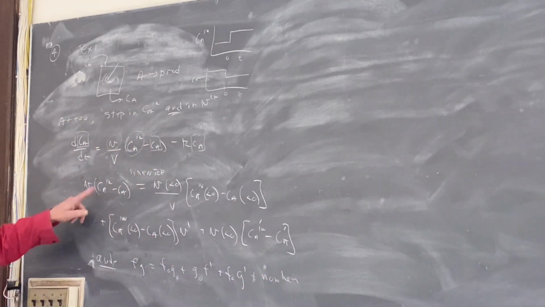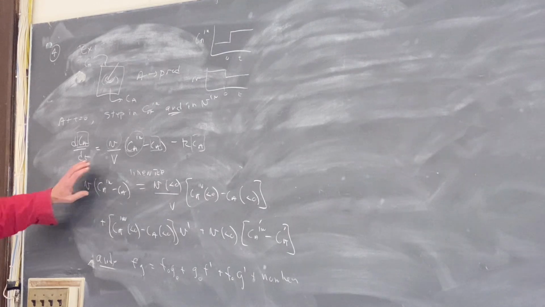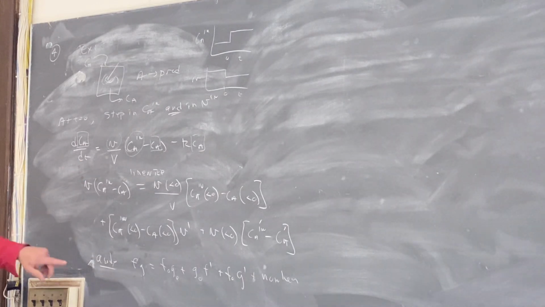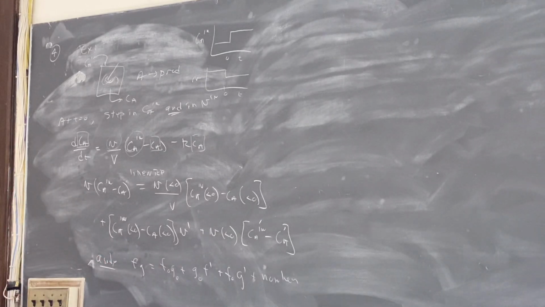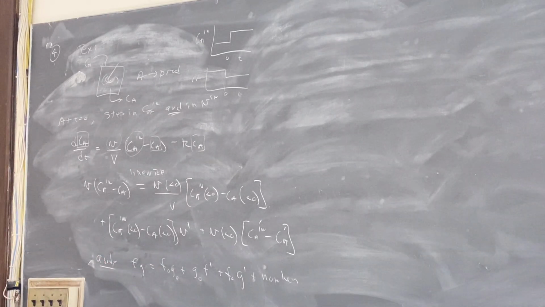So if I don't have any complicated functions, I just have f and g, then the answer always just looks like this. Okay, so now I can put it all together.